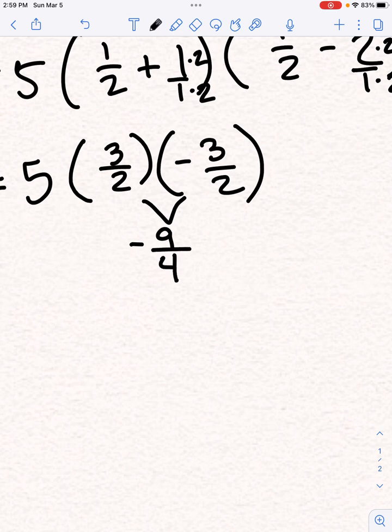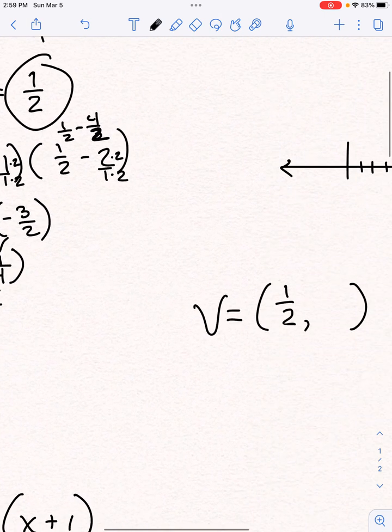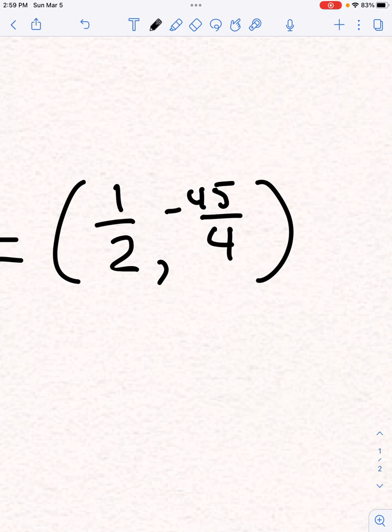but we also have times this 5. And you could put this over 1. So this would be 5 times negative 9 is negative 45. And 4. So we'll put negative 45/4. Now that might be kind of hard to, right, maybe estimate on a number line.